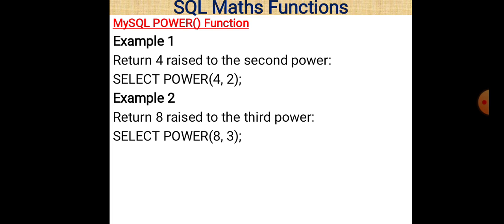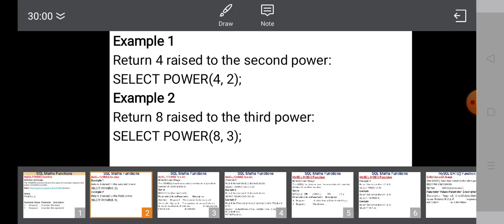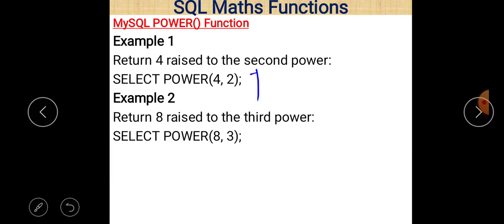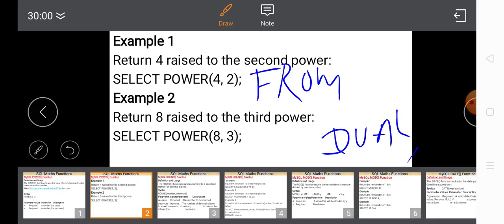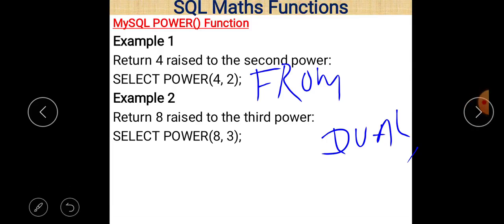And here one question is raised in mind, that the table name is not given. So the default table name is dual. So you can also write here FROM dual. So dual is a table name, that is the default table.